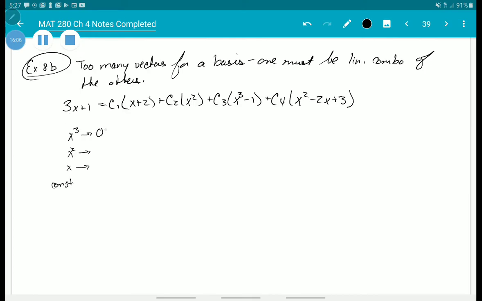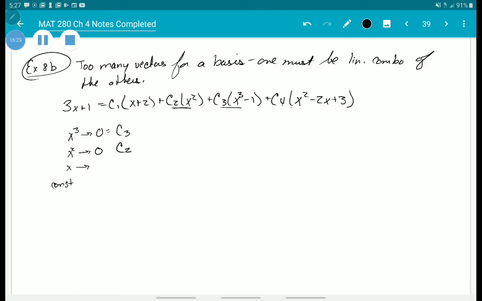0x cubed on the left is equal to c3. 0x squared on the left is equal to c2 minus 2c4. Oh, just kidding.